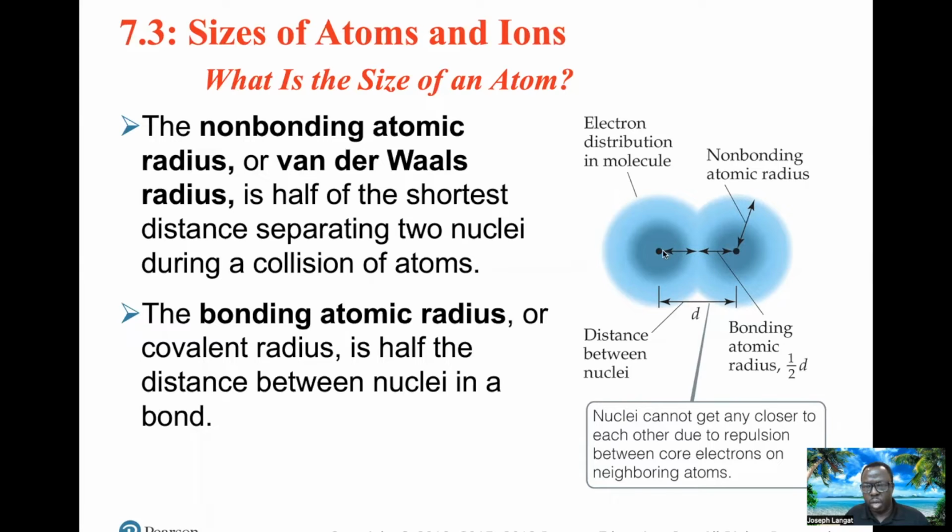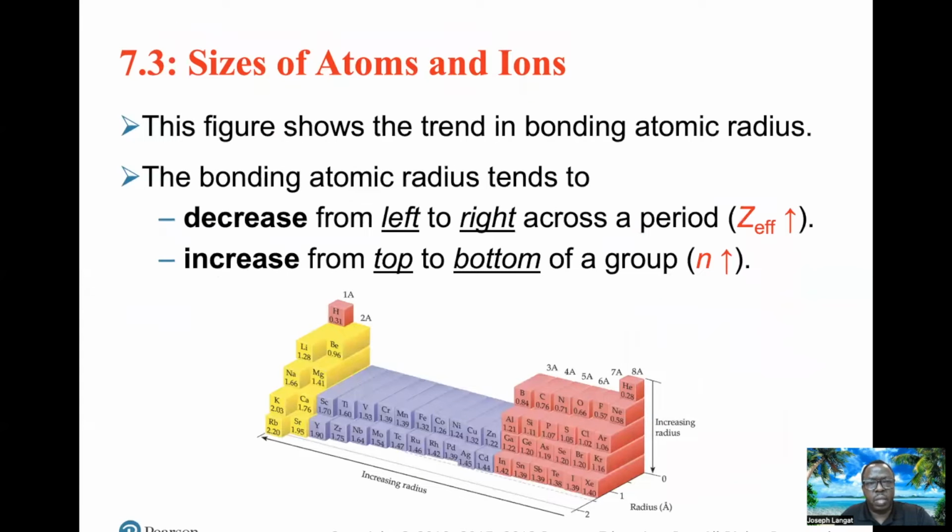So here, if you look at the distance separating the two, a half of it is the non-bonding atomic radius. A half of this D is the bonding. This bonding radius is always shorter than what? The non-bonding. Bonding atomic radius or covalent radius is half the distance between the two nuclei. You should be able to define those terms. All right, you can write on that.